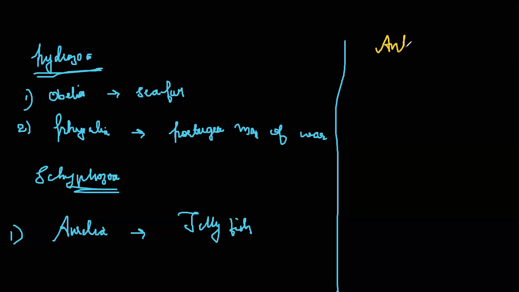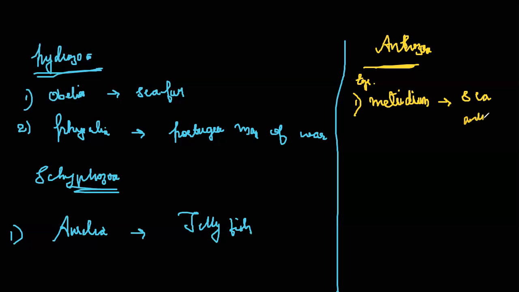A large group of organisms are there. I mean, examples are there, but I will try to reduce examples. First one, Metridium. Metridium is sea anemone.